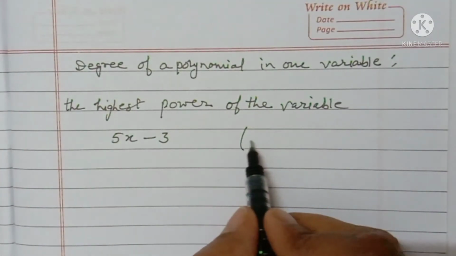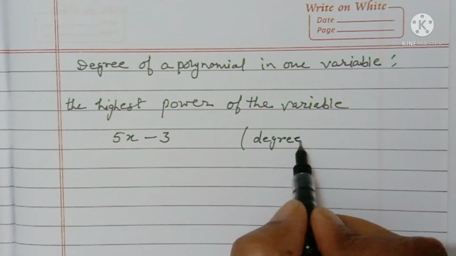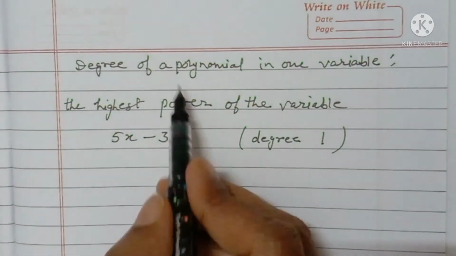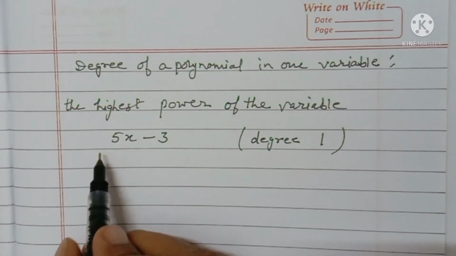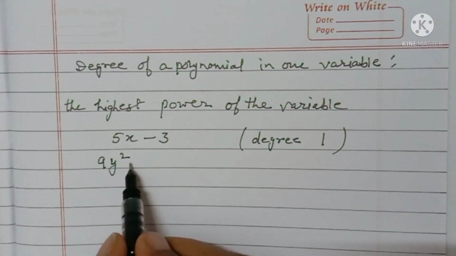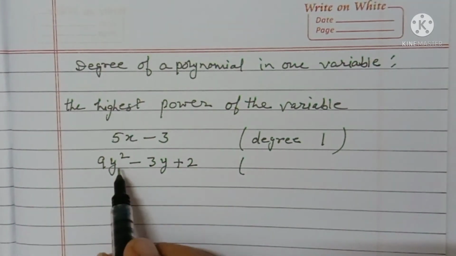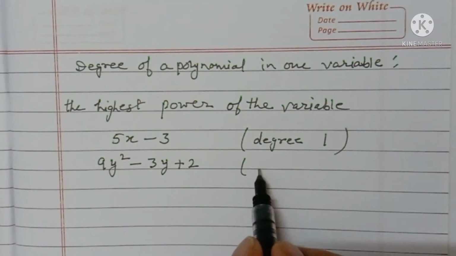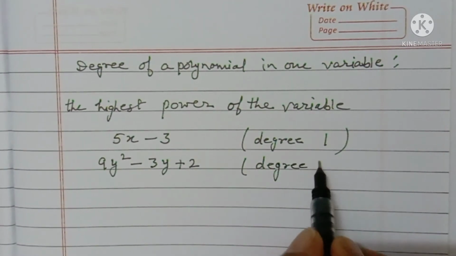The degree of this polynomial is 1. Another example, degree of a polynomial in one variable, so we have taken only one variable. Suppose we take 9y square minus 3y plus 2. Here the variable y has the highest power 2, so this is a polynomial of degree 2.